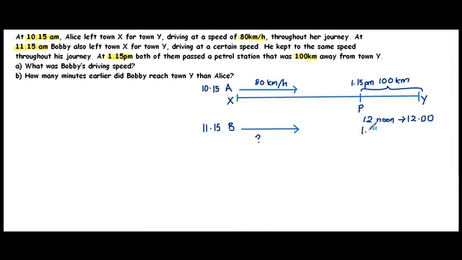So 1:15 p.m. is also 13:15. So we take 13:15 minus 10:15, and this would give us 3 hours.